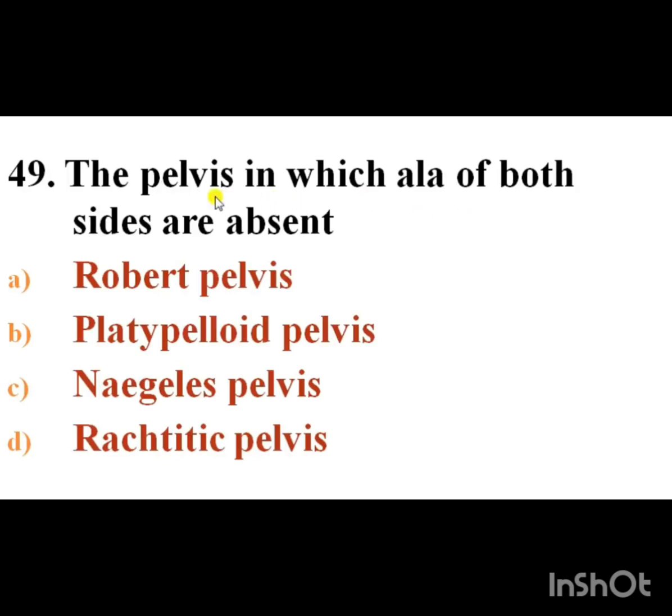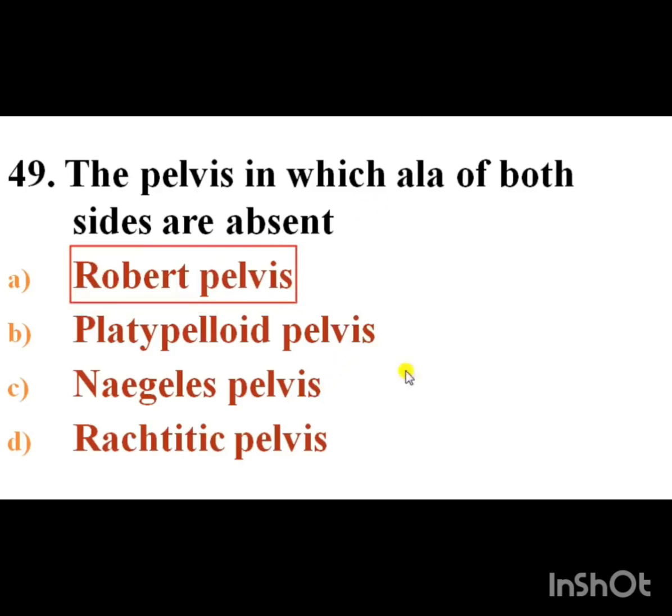Next question, the pelvis in which ala of both sides are absent. Options A, Robert pelvis, B, platypelloid pelvis, C, Nagele's pelvis, D, rachitic pelvis. Answer is A, Robert pelvis. So Robert pelvis is a pelvis in which ala of both sides are absent.